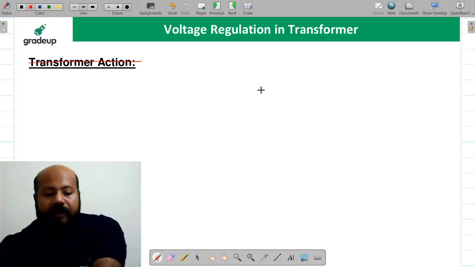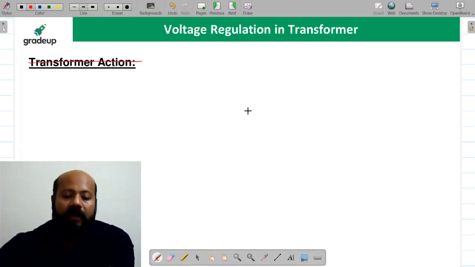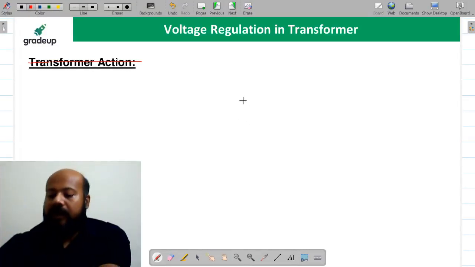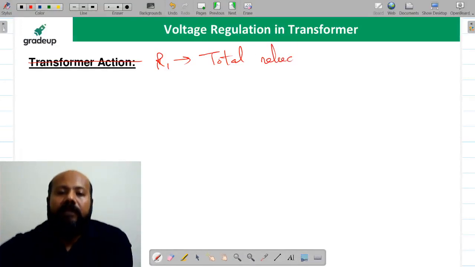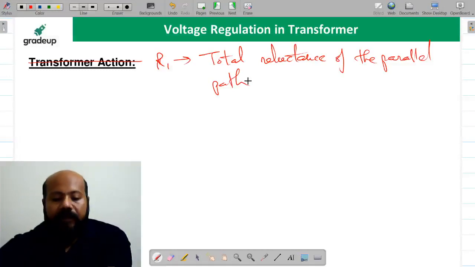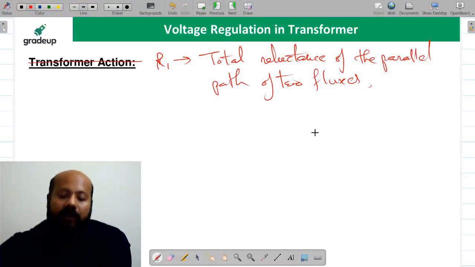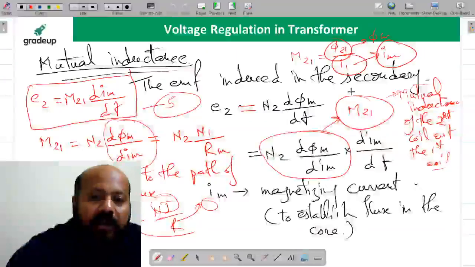Now we are defining reluctance R1. Okay, what is reluctance R1? We are defining reluctance R1 how? It is the total reluctance of the parallel path of two fluxes, that is phi L1 and phi M. Now let us come back and see what this is.